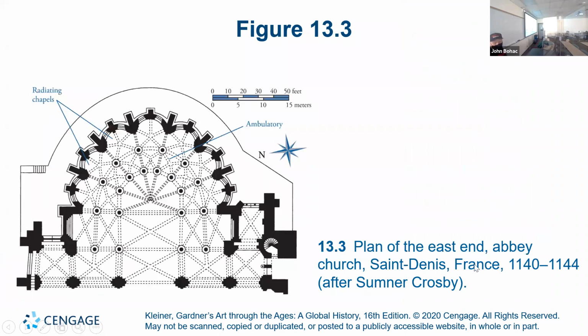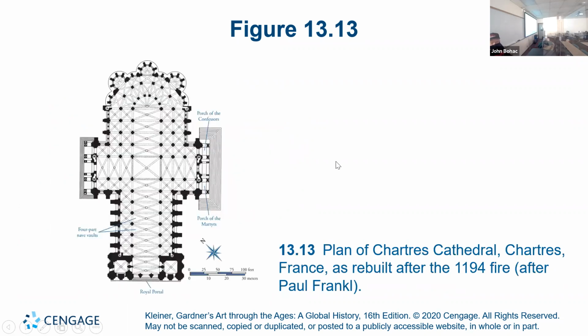And here's that east end, the ambulatory, goes around here, and these are the radiating chapels. Suger's design. And so anyway, this becomes the model.